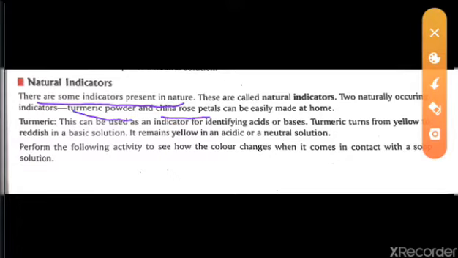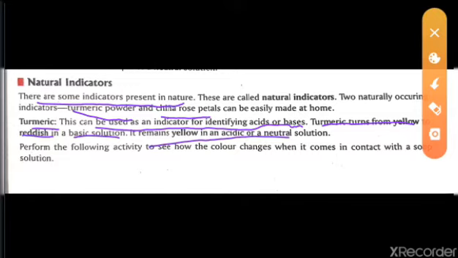If you see the china rose, the petals just on the lower side, from those we can easily prepare the indicator, and also from turmeric. Here it is written that turmeric can be used as an indicator for identifying base and acid. Turmeric turns from yellow to reddish if it is basic, and it remains yellow in an acidic medium.